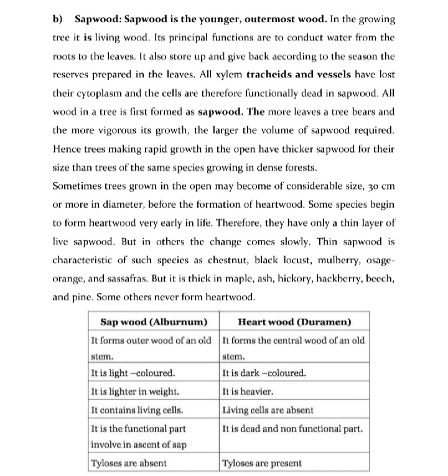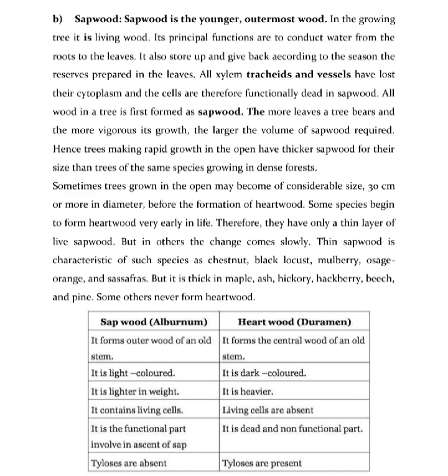The more leaves a tree bears and the more vigorous its growth, the larger the volume of sapwood required. Hence, trees making rapid growth in the open have thicker sapwood for their size than trees of the same species growing in dense forests. Sometimes trees grown in the open may become of considerable size, 30 centimeters or more in diameter, before the formation of heartwood.